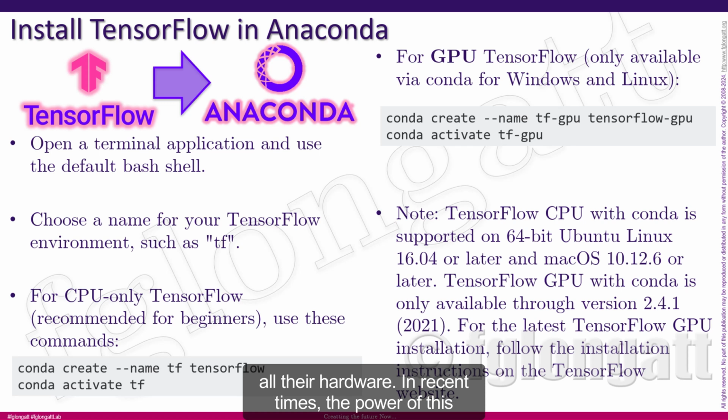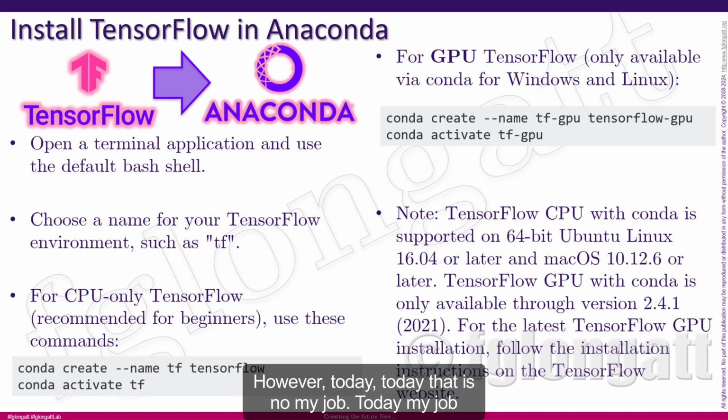In recent times, the power of the graphics processing unit, called GPU for short, has created the possibility of using that very specialized hardware to run very important machine learning models. So when you are working with very complex machine learning and artificial intelligence models, you will like to use the computational power that you have in your GPU.